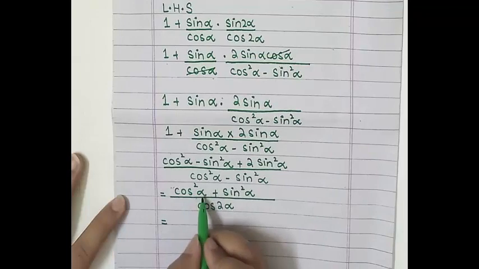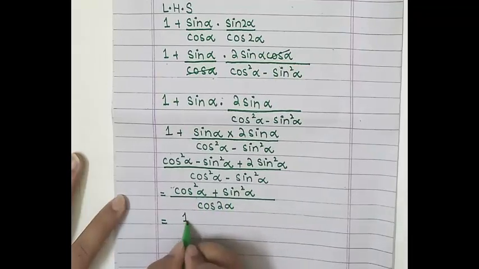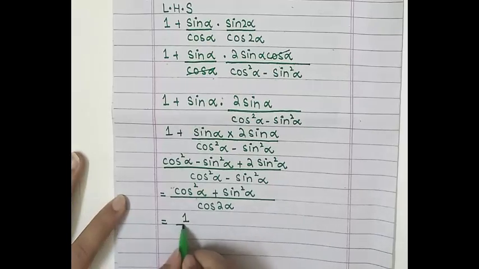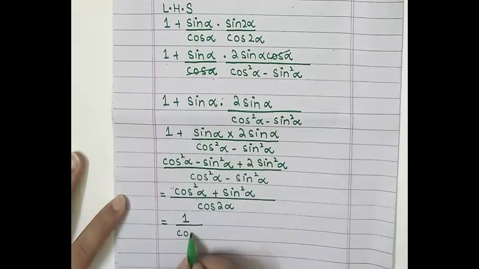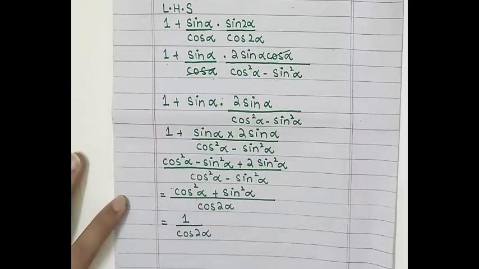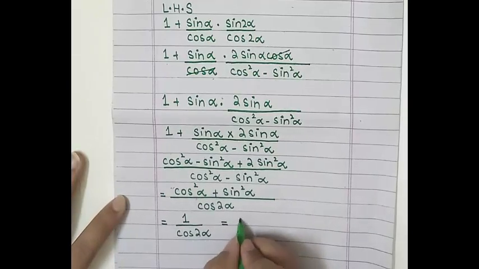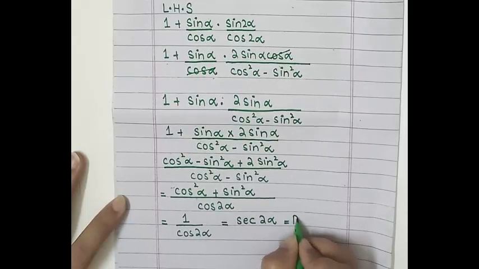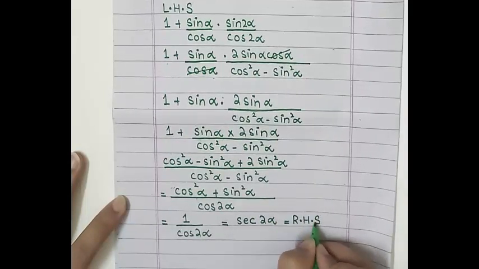So now cos square alpha plus sin square alpha is equal to 1 by the fundamental identity of trigonometry, divided by cos 2 alpha. So 1 over cos 2 alpha is equal to secant 2 alpha, which is the right hand side of our question.